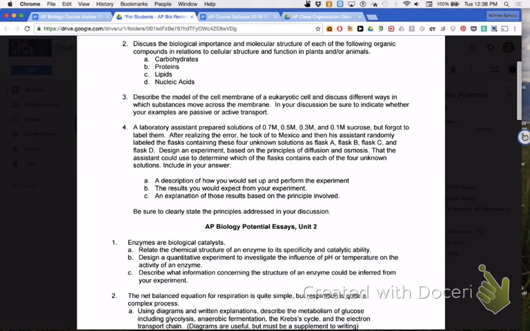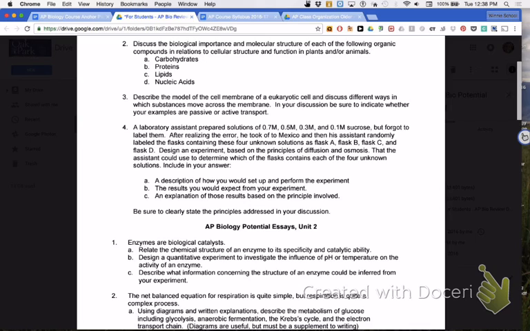And then it says, discuss different ways which substances move across the membrane. In your discussion, be sure to indicate whether your examples are passive or active. So you would describe the structure of it, the phospholipid bilayer, the proteins, the cholesterol, the carbohydrate side chains, and then you would talk about the 2 different categories and examples of passive and active transport.